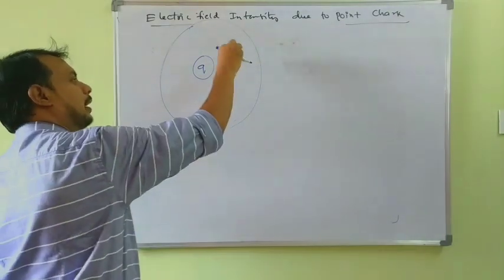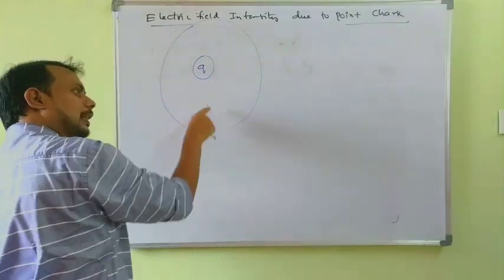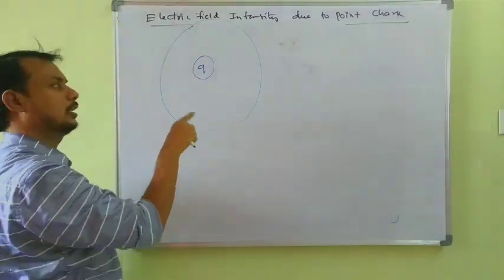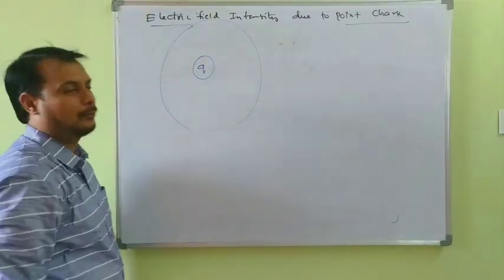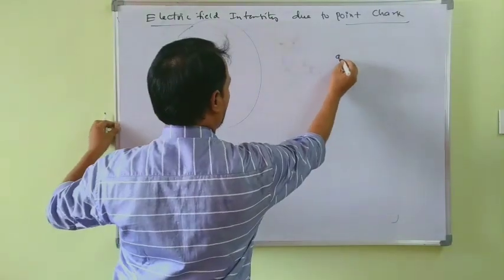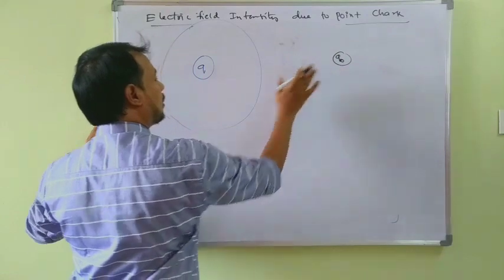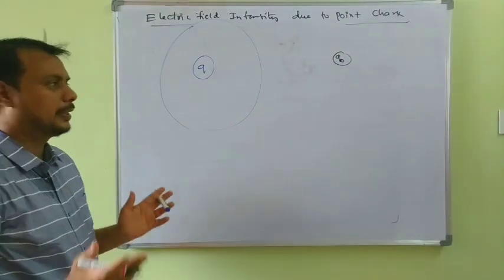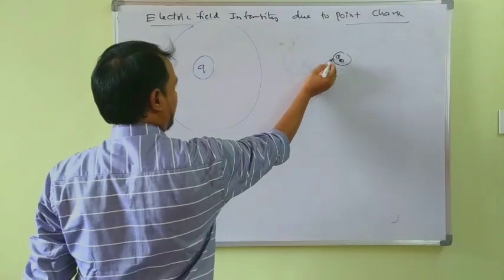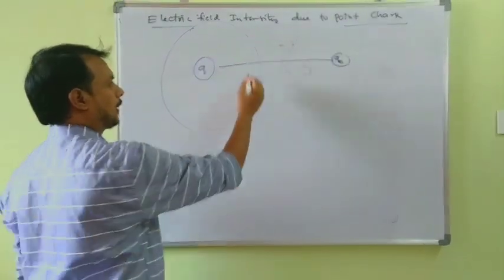If you place one more charge in this electric field, then attraction or repulsion force will act between those two charges. Now take a positive test charge, which is outside the electric field. Outside means no attraction and no repulsion. Now carry it into the electric field.